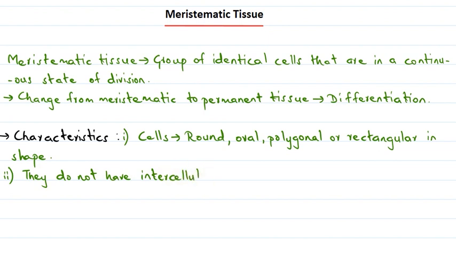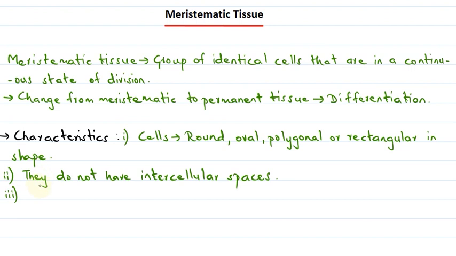Intercellular spaces are absent. These cells do not have intercellular spaces because they are closely arranged.